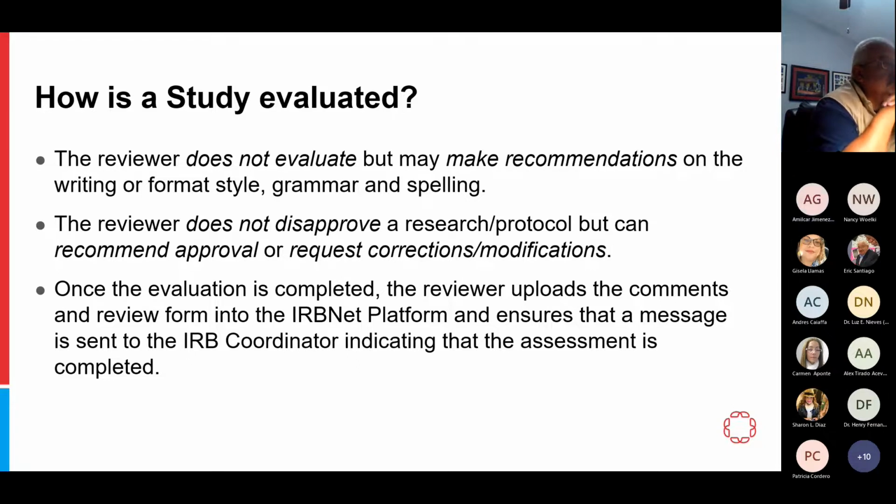However, they can mention it is recommended that the PI or the researcher revise writing style or verbatim. Another thing, the reviewer does not disapprove a research. The reviewer can only recommend approval or request modifications.